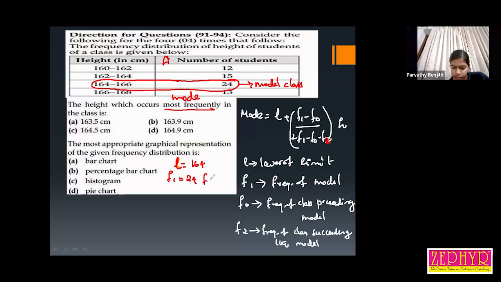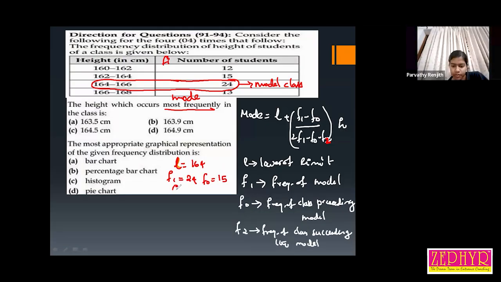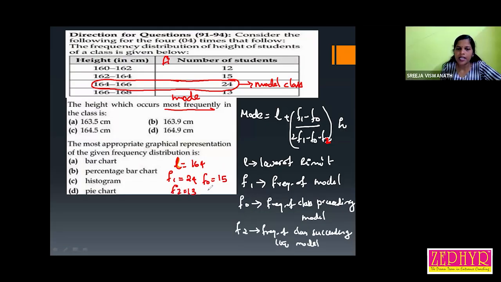F0, the frequency of the class preceding the model class? 15. And F2 is 13. Class size H is equal to 2. Now you can substitute the values and find the answer.